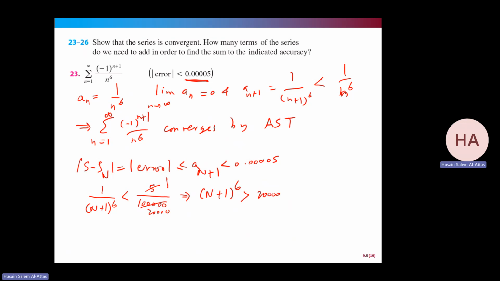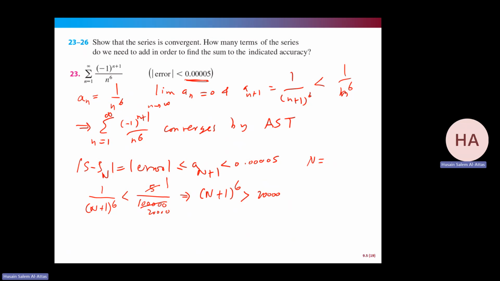I need to check the numbers now. Okay. So if you check, I think you need a calculator in this case. Capital N equals 5, for example, what will be the answer? Let me start with a small number, for example 4 or 3.